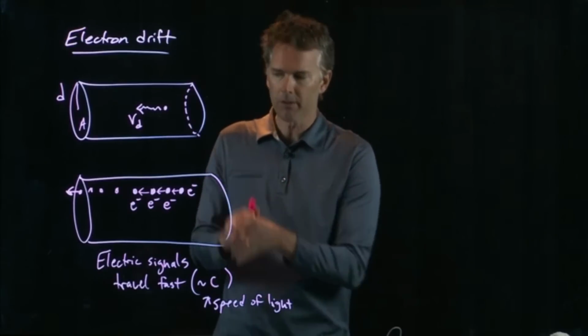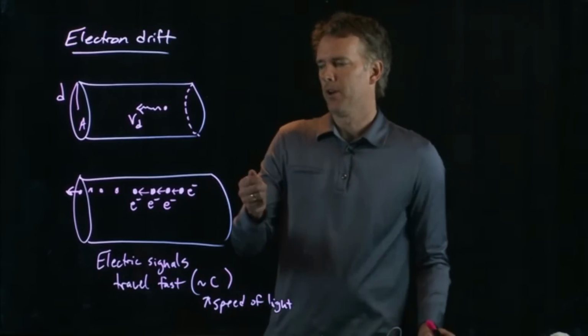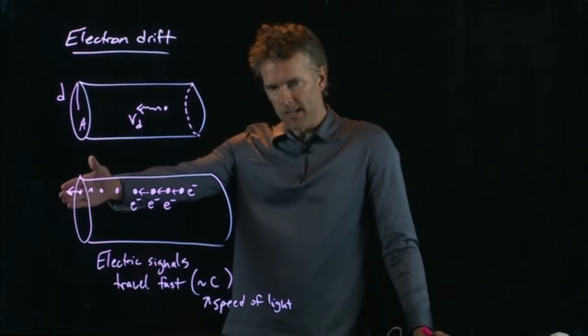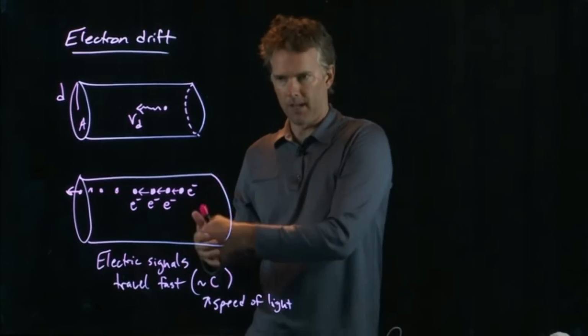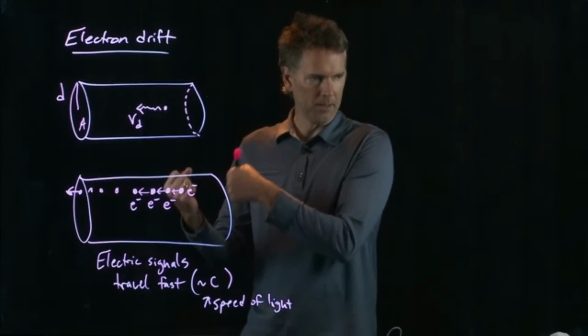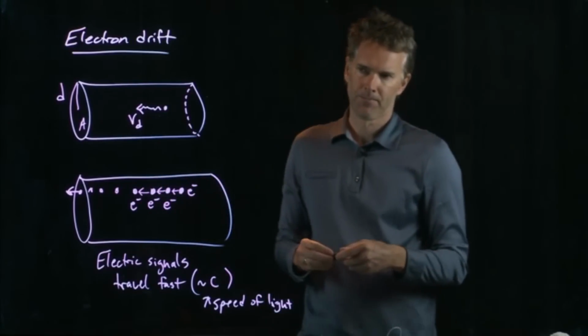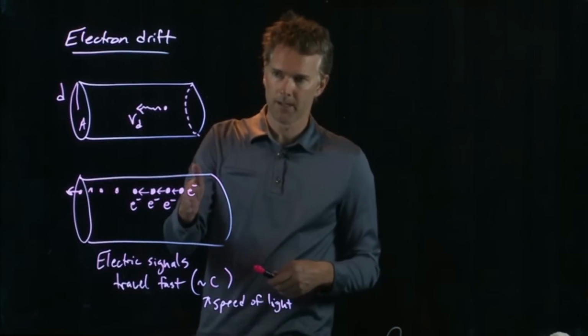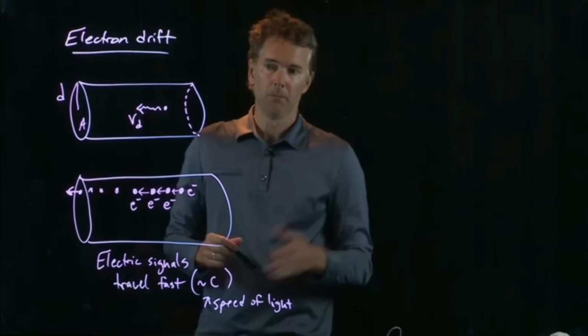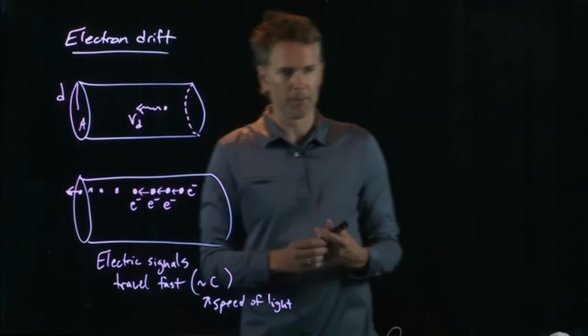Okay, really, really slowly. And so when you turn on the switch, that last electron by the filament that gets pushed hits the next one, all of those heat up in the filament, create light. So you don't have to send that electron all the way to the filament. It's going to take a long time to get to the filament. But the electrical signal is going to propagate very quickly.